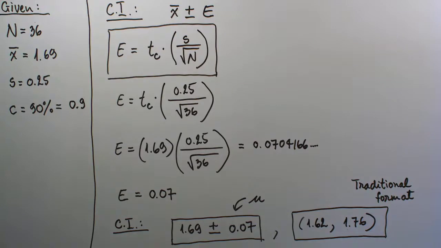And then again, with the interval in traditional format being displayed here, the national mean gas price on that day, June 1st, 2020, is estimated to be somewhere inside of this interval between the low and the high ends right here, guaranteed at 90% successful level.